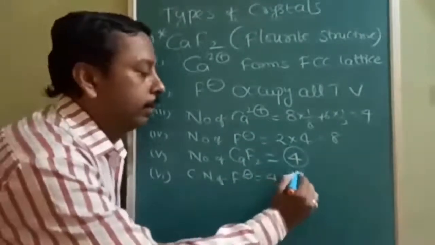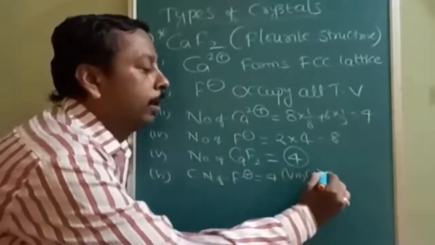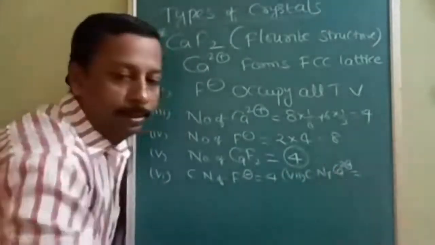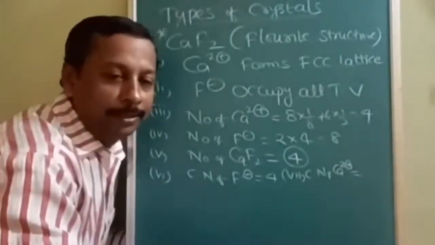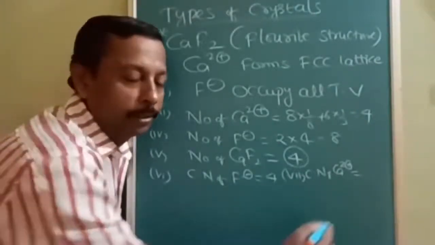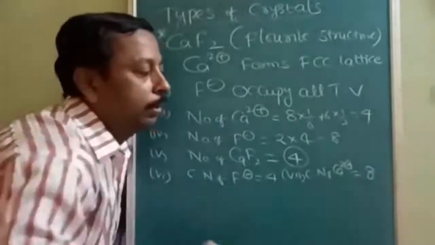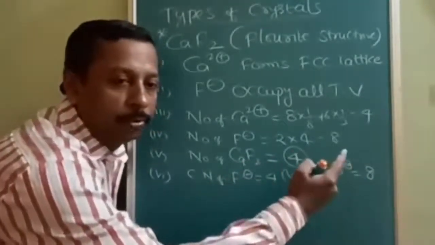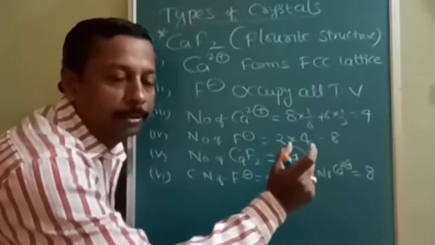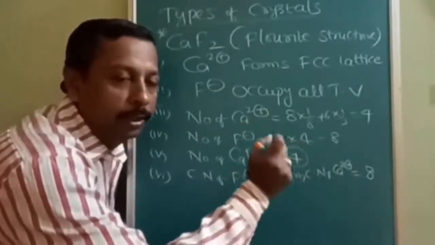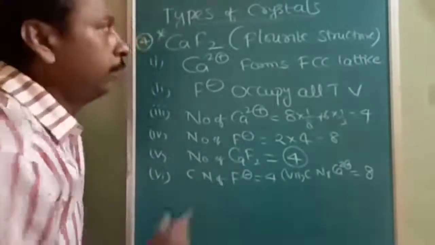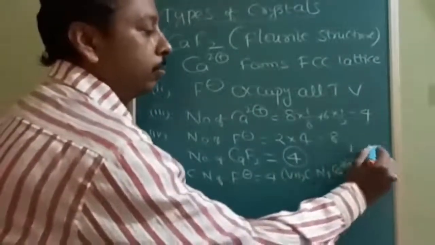Now the seventh point is the coordination number of Ca2 plus. Can anybody guess? Very good, 8. Why? Because each calcium is with 2 fluorines, so the number of neighbors of calcium will be twice the neighbors of fluorine. CaF2 is a 1:2 crystal.